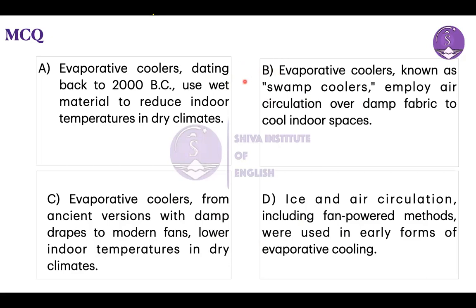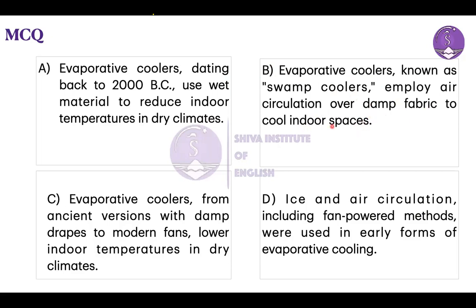So what we can draw here is that option 2 stated that evaporative coolers, which are known as swamp coolers, employ air circulation over damp fabric to cool indoor spaces. It gives a succinct and accurate summary of the passage's main point, including the historical context of evaporative coolers, their alternate name, swamp coolers, the use of damp fabric to cool indoor spaces, and the mention of modern variation involving fans, right?